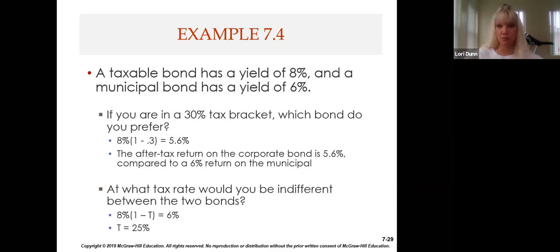Your yield will be more than 6%. But at any point your tax rate is above 25%, the municipal bond should be purchased. So that's just another way to determine which is the better investment. And you always have to take taxes into consideration. Are there any questions on that?